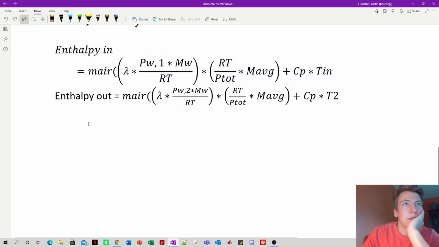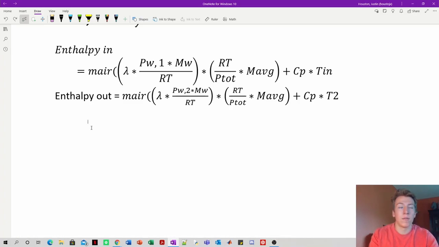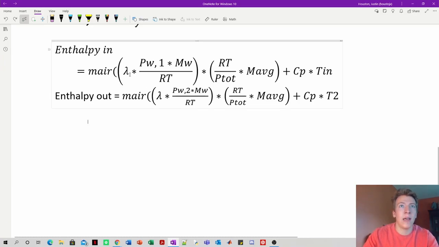Alright, so in setting these equal to each other, you're going to have those canceling out. So we can then take out a few constants that we have, such as lambda and the molecular weight, the heat of vaporization.